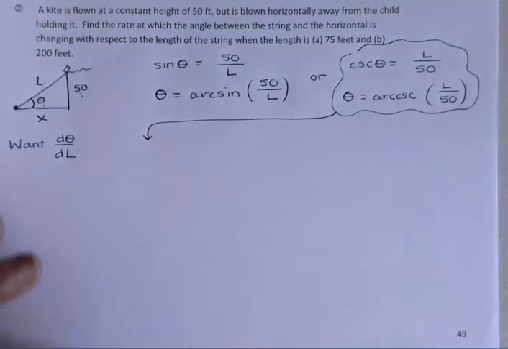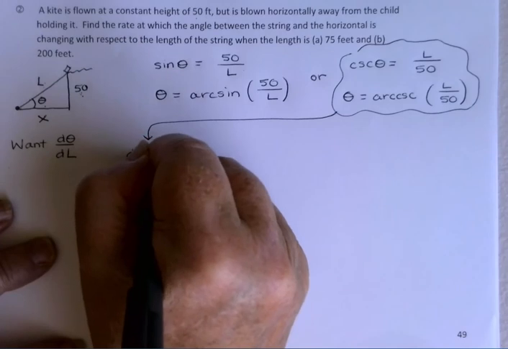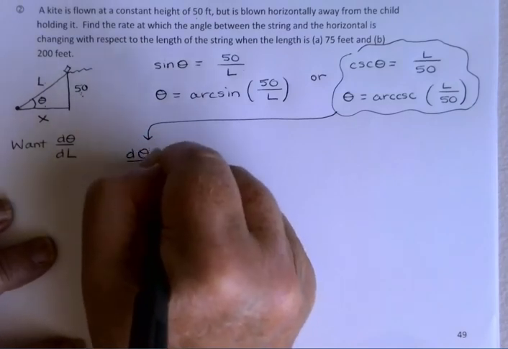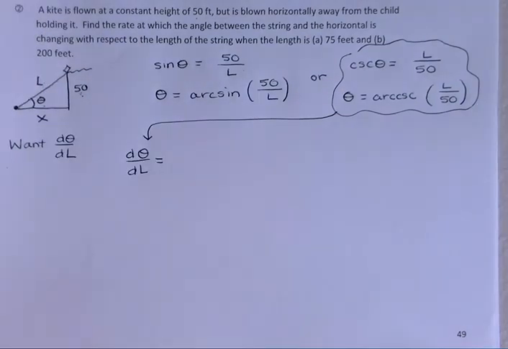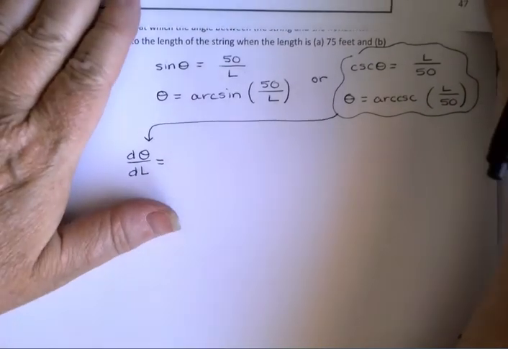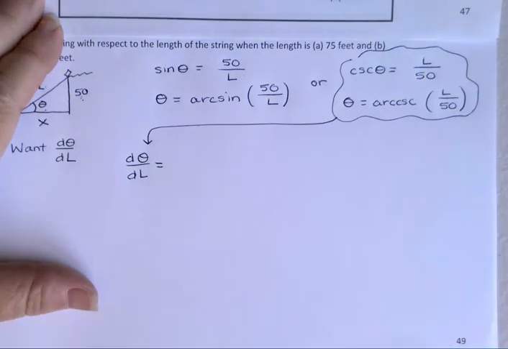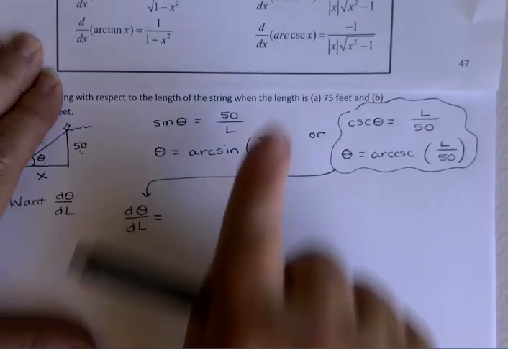So let's get the derivative. d theta dL will be, and let's see, we need the arc cosecant right here.